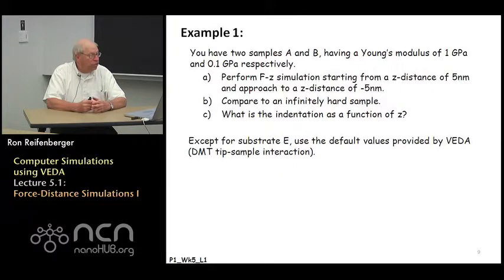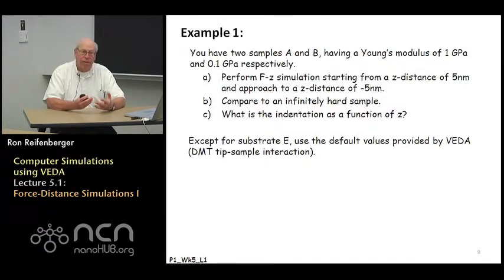What we're asking you to do is perform an FZ simulation, starting at +5 nanometers, going to -5 nanometers. We'd like you to compare the force versus distance data that you get to an infinitely hard sample, and also try to answer the question: what is the indentation of the tip into the sample that you would expect if the sample has a Young's modulus of 1 gigapascal or 1/10 of a gigapascal?